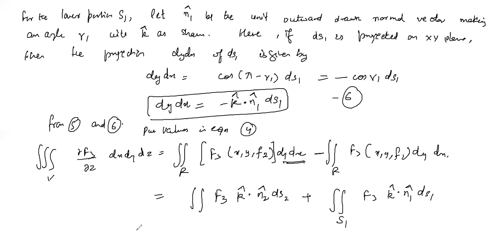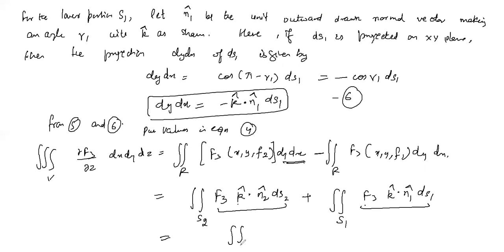Now see this equation, this is the surface S2 and this is surface S1. Since the function value is the same in both cases, this is the value for the f3 function into the dot product of k with the unit vectors for the surface S2 and this is the value for the S1 surface. दोनों को हम सम अप कर रहे हैं, S1 सरफेस की जो वैल्यू है और S2 सरफेस की वैल्यूज है वो दोनों को हम फाइंड आउट करके प्लस करवा रहे हैं, तो हमारे पास आंसर क्या आएगा, पूरे के पूरे सरफेस का आंसर आ जाएगा.